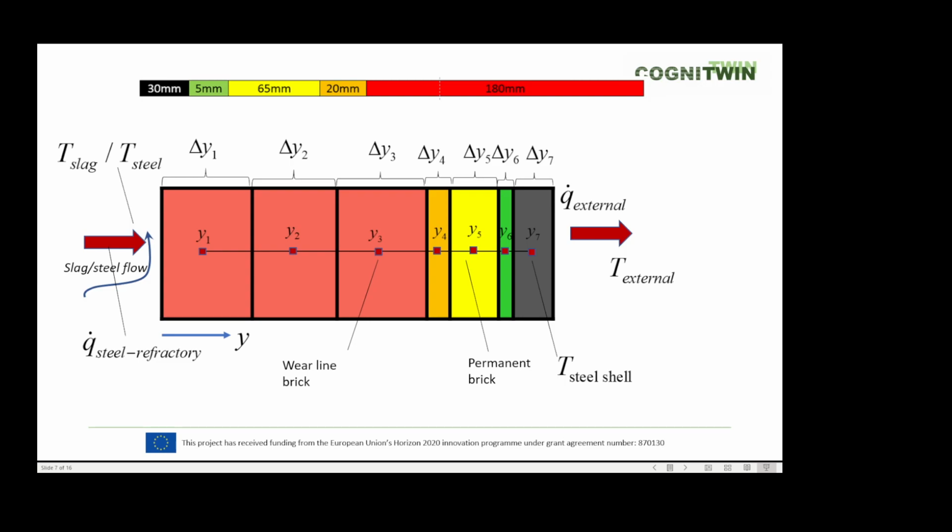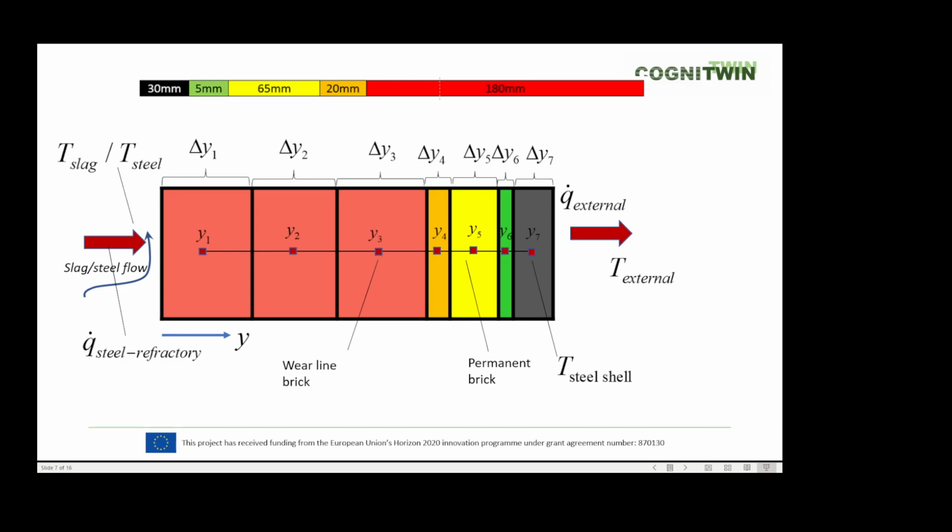This also corresponds to the numerical model. The squares we see here correspond to the numerical nodes in the model, and the temperature for that brick, the volume average temperature, is stored in these points.